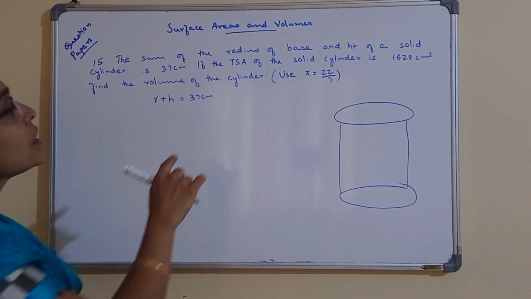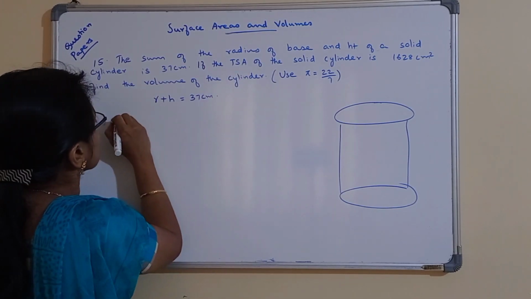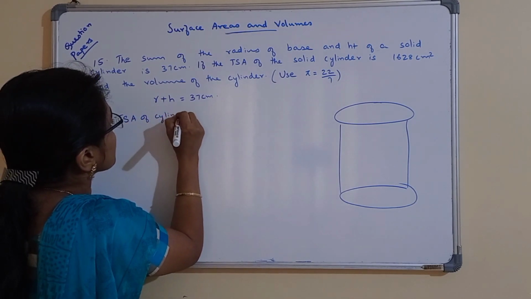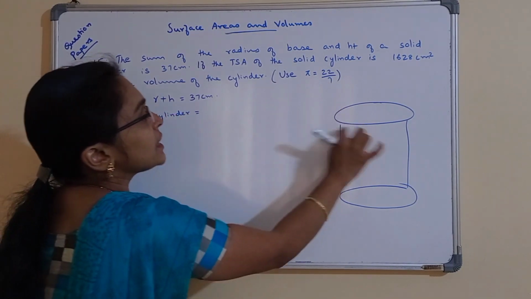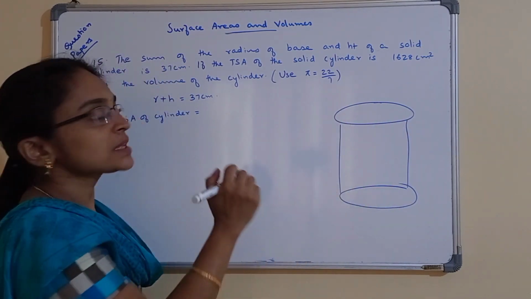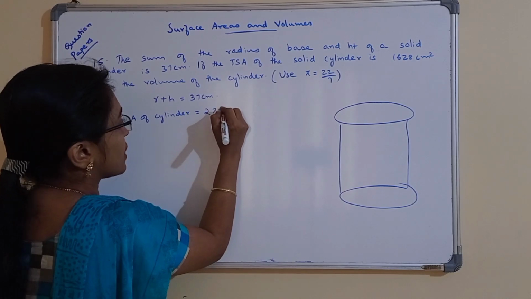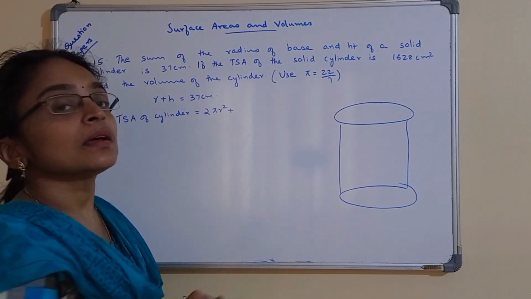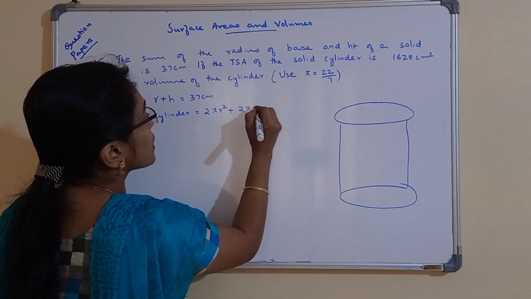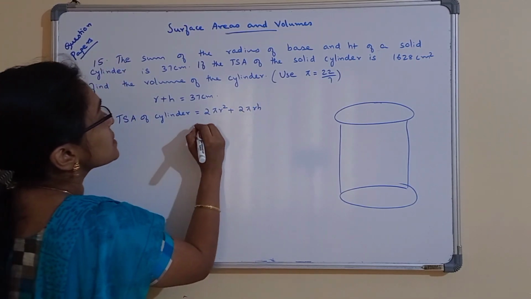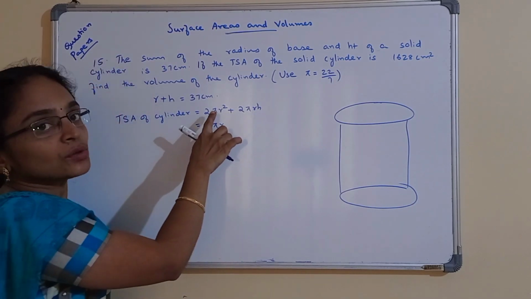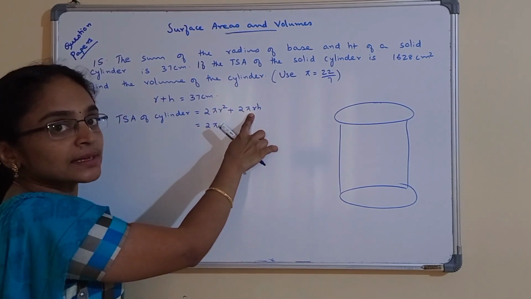Okay. Now total surface area of cylinder is equal to area of this circle plus area of this circle, that is pi r square plus pi r square, which is 2 pi r square, plus this area, that is curved surface area, which is 2 pi r h. So this is equal to 2 pi r into, we can take 2 pi r out from this, that is common.